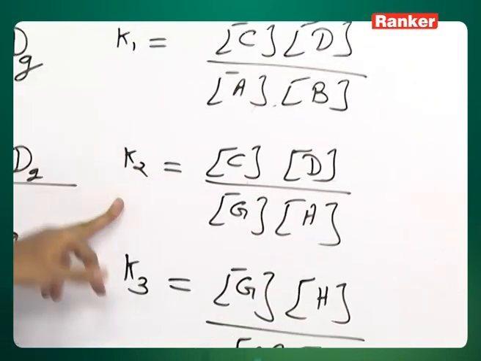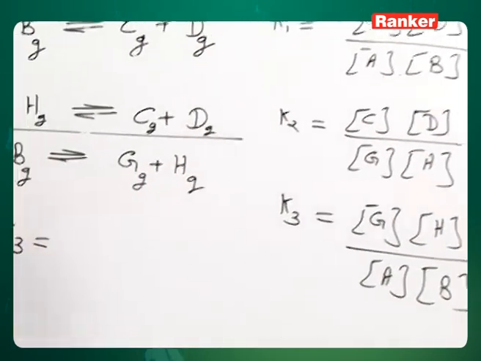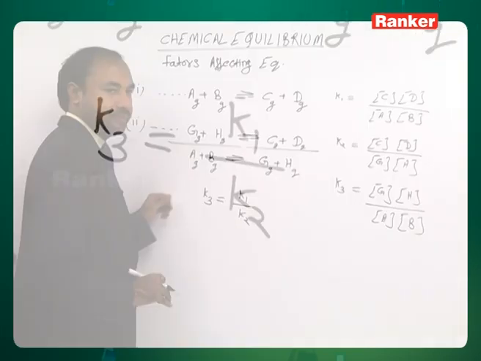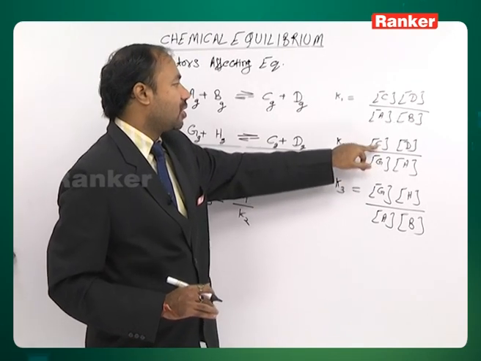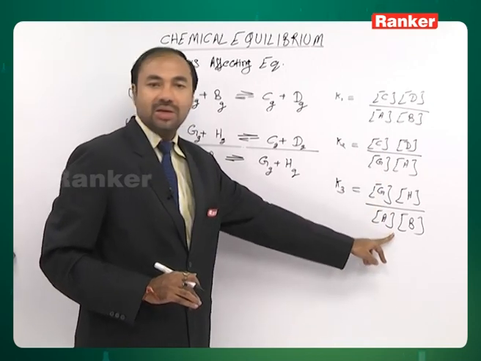If we do this, K3 equals K1 by K2. Simply this goes into the numerator, this comes into the denominator, gets cancelled, and you get GH by AB here.